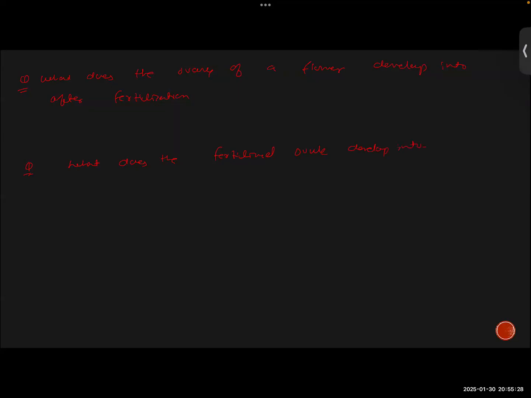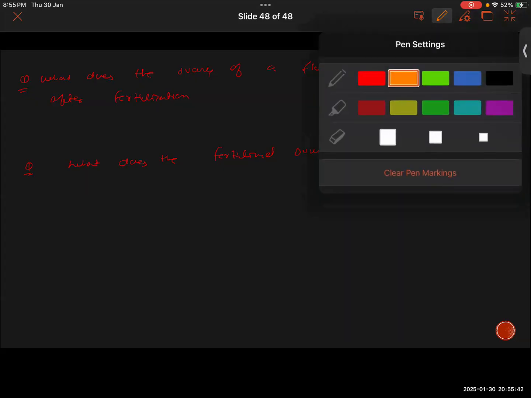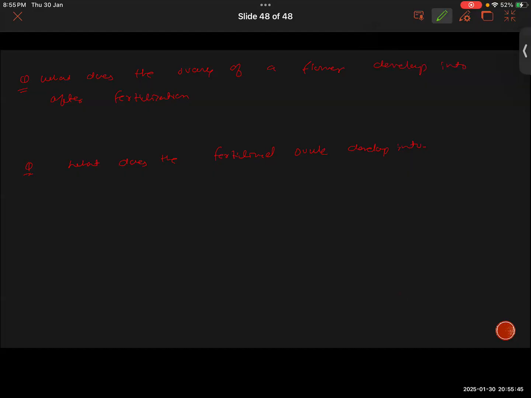The ovary of a flower develops into fruit after fertilization. Okay, what about others? Do you have the same or different answer? All of you have understood the process of fertilization in plants, no?